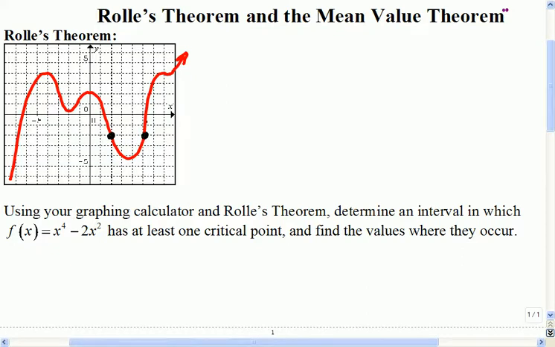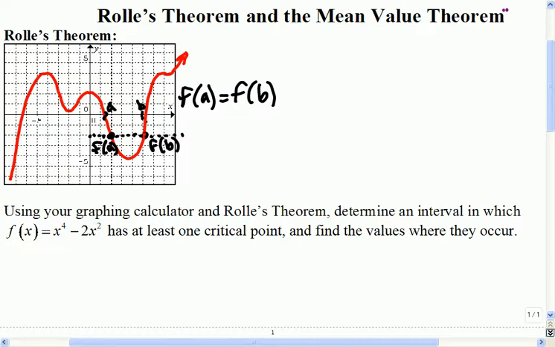The first condition is that the values have to be the same. So f of A is the same as f of B. Here's my function at A, here's my function at B. Here's A, and here's B. Now we can guarantee the existence of a point where the derivative equals 0.